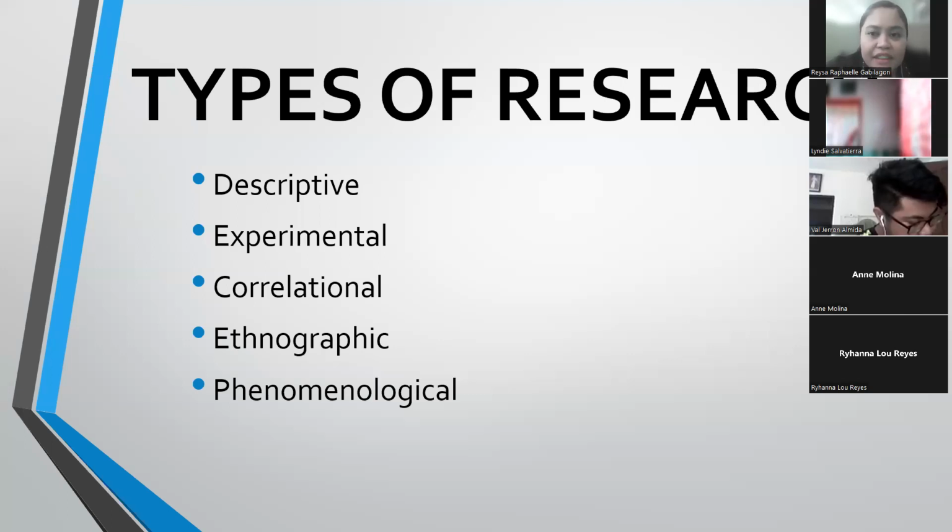Now, let's have types of research. Madami, no? May kinds of research, may classification of research, and then meron pa talagang types of research. Marami masyado ito. For the types of research class, ito sila. Even correlational can be under the, i-type ko na nga lang kasi nahirapan ako.